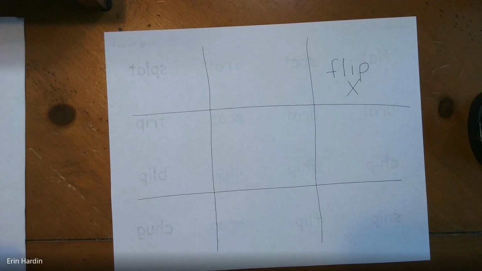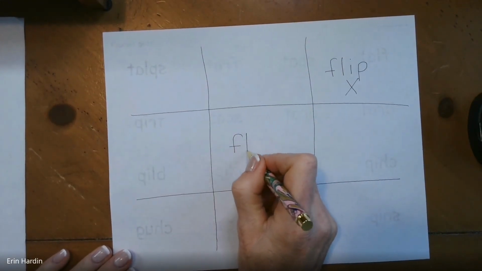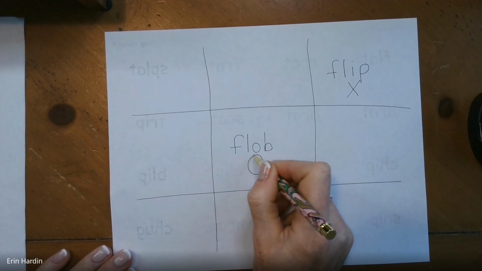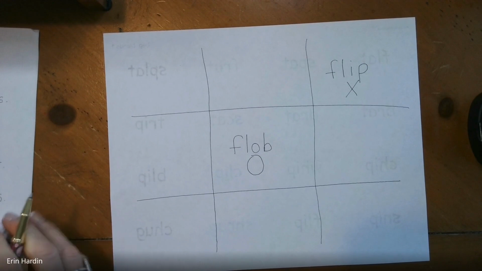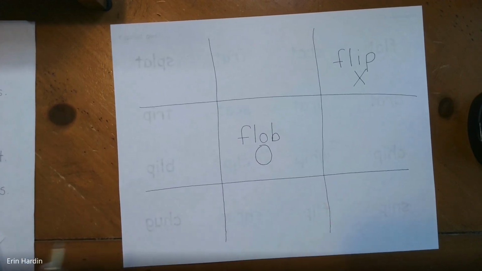O's, your word is lob. Let's put it on our arm. What do we hear at the beginning? fl, b. Let's write it. fl, b. And they would put their O, and then you would continue playing, the teacher dictating each word until you have a winner. And that's how you get the arm tapping and writing part in.